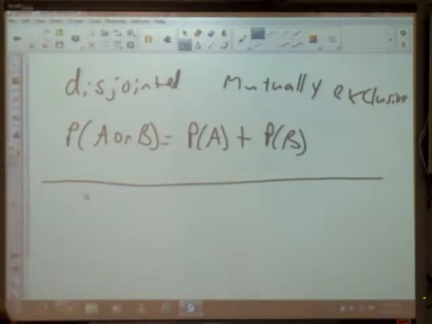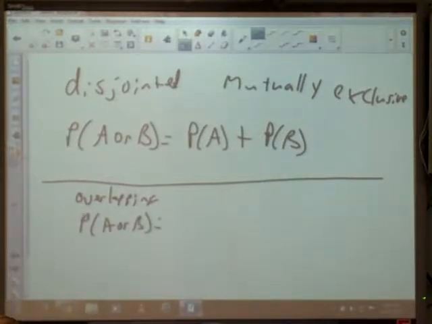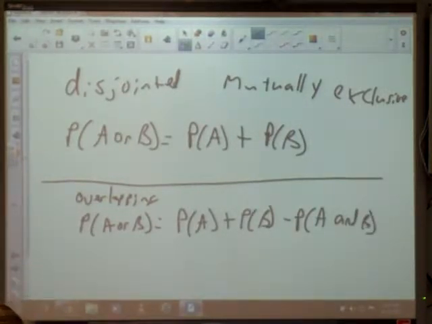Okay, now if it's not disjointed or mutually exclusive, that means it can be in both scenarios. So that's what I've got up there for your overlapping. The formula for that, if they're overlapping, or if it's not mutually exclusive, the probability of A or B starts off the same. Take the probability of the first one, add it to the probability of the second one, but then you've got to subtract out the probability of both of them.